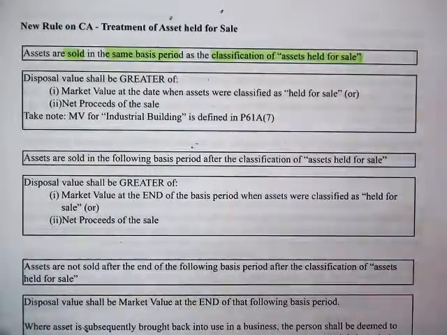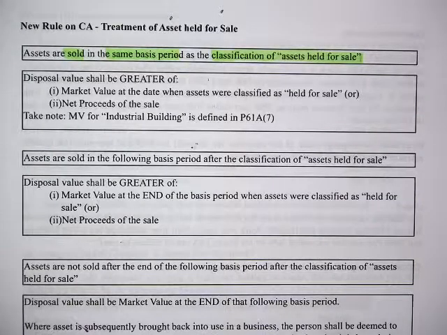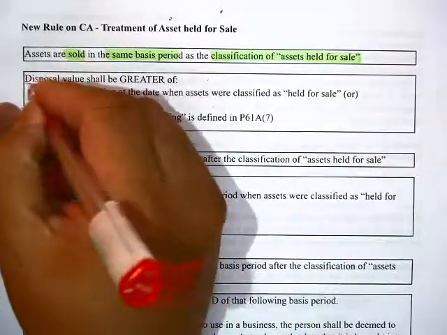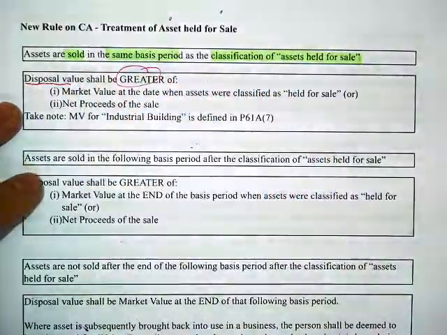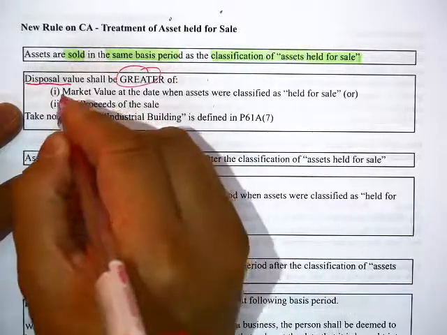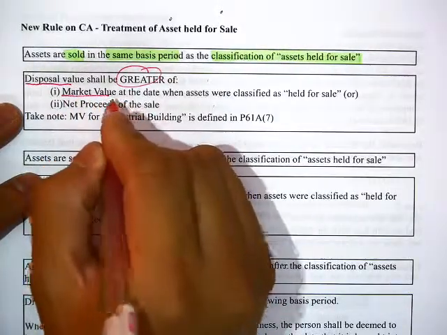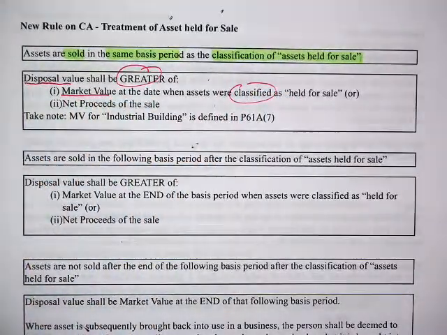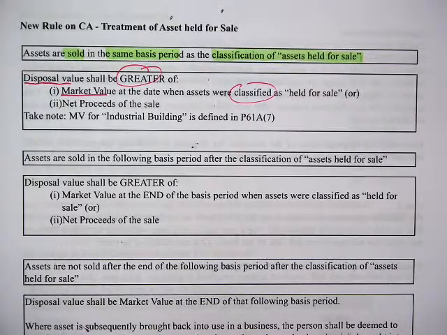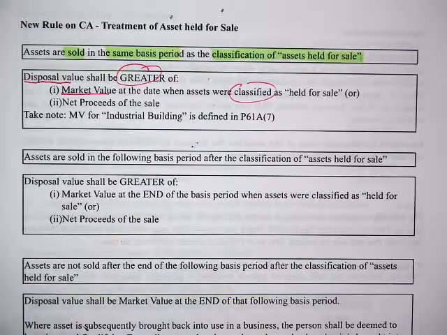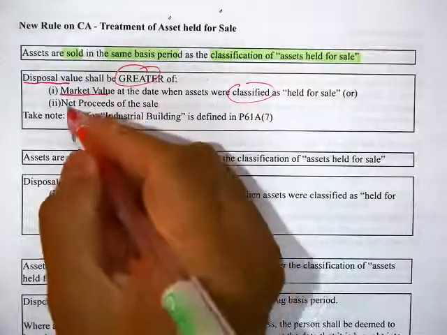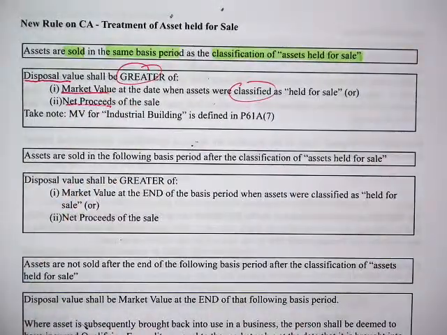If you sell the asset in the same year, you will find that the disposal value of this asset is the higher of the market value when you classify and the actual amount. Usually when you dispose of an asset, you take the market value when you dispose, but in this case it's the market value when you classify, compared with the actual amount.